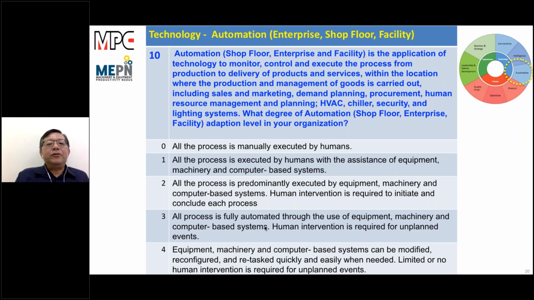Then number 3 says that all processes are fully automated through the use of equipment, machinery, and also computer-based systems. Human intervention is required for unplanned events. That means something goes haywire or you need to intervene or inject something, then only you intervene. Else, the whole process is fully automated.